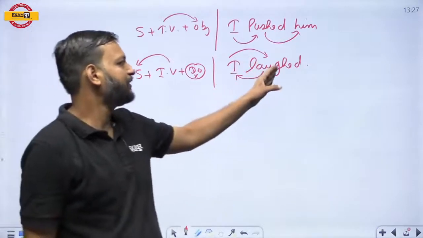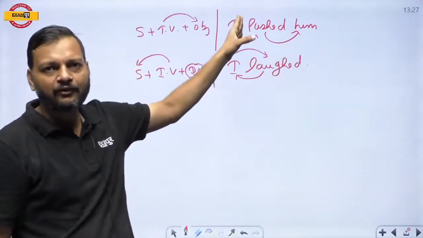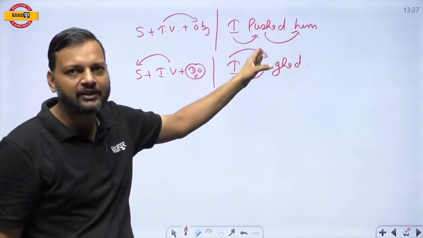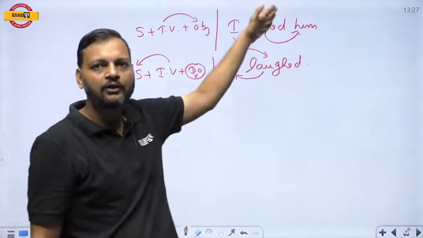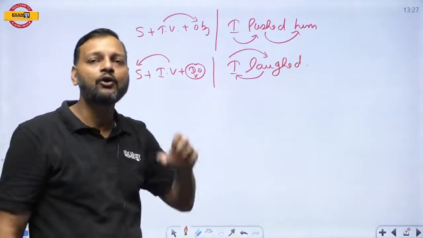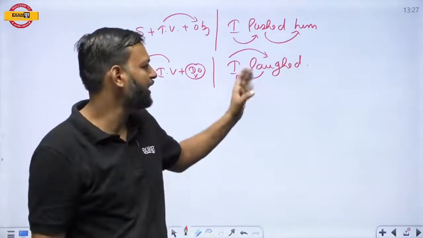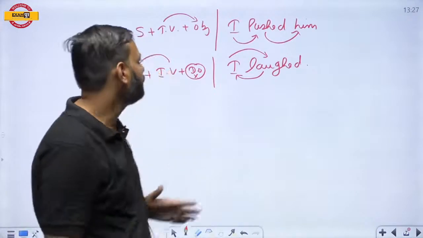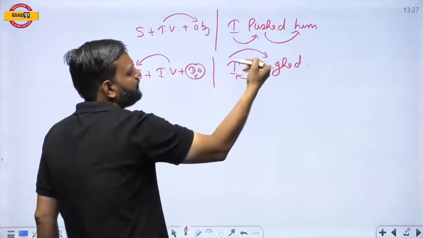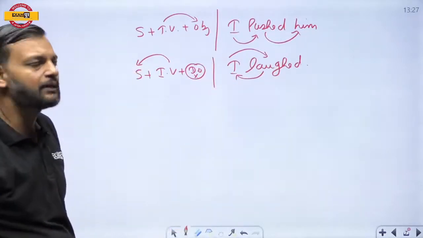That means this action is not going towards a direct object. So a transitive verb has its effect on the object, but an intransitive verb has its effect on the subject itself, because it does not have any object after it. So a transitive verb is going towards the object and an intransitive verb is coming back to the subject.